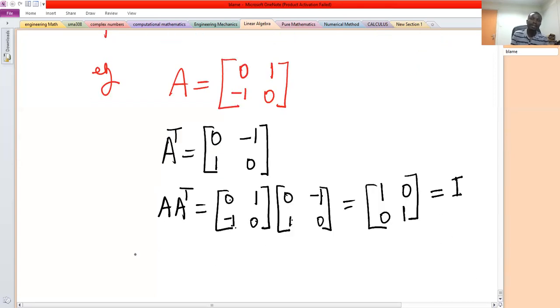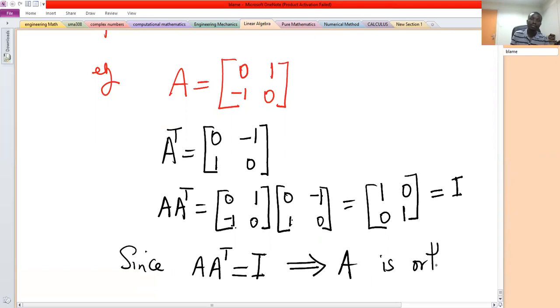And since A times A transpose is identity, then we say that A is orthogonal. That's the definition.